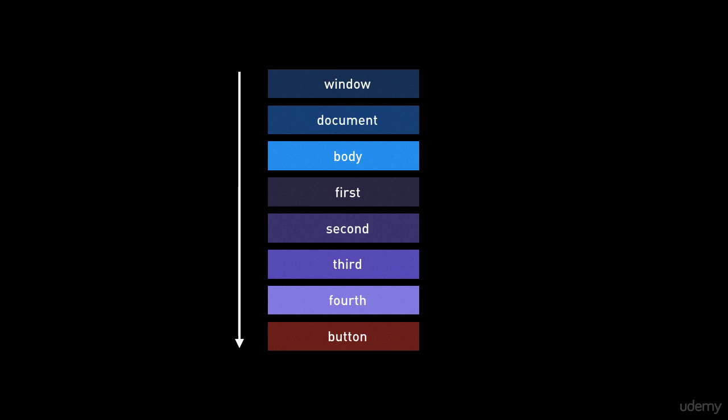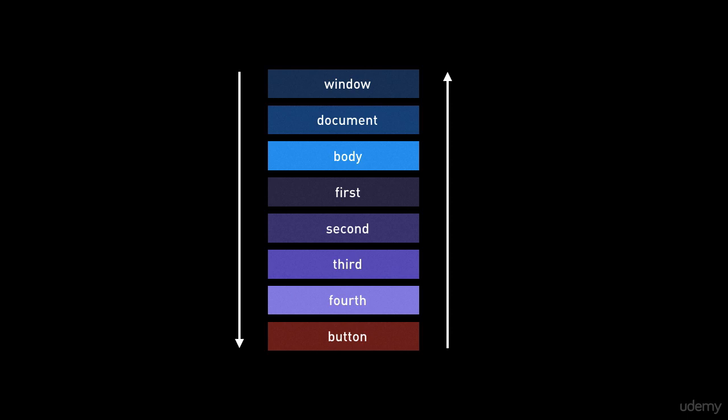Now, even when it reaches the bottom, it doesn't stop. It carries on back up the stack to the window, to the root again. It doesn't matter where you click on a page, the event always starts from the root, goes to the target, and then back up to the root again. These two different arrows I'm showing you are called phases.